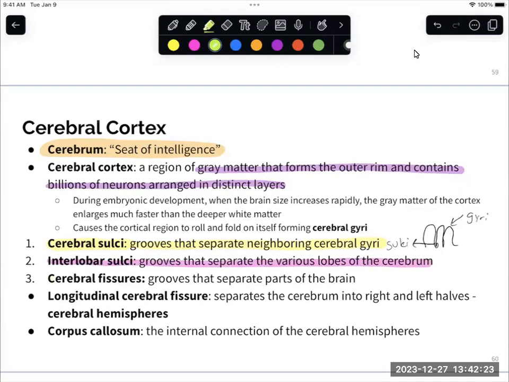We have cerebral fissures. They're separating out different parts of the brain. We have a longitudinal cerebral fissure. This is separating the brain into right and left halves, or cerebral hemispheres. And then we have the corpus callosum, which is a connection of the right and the left hemisphere from the inside.